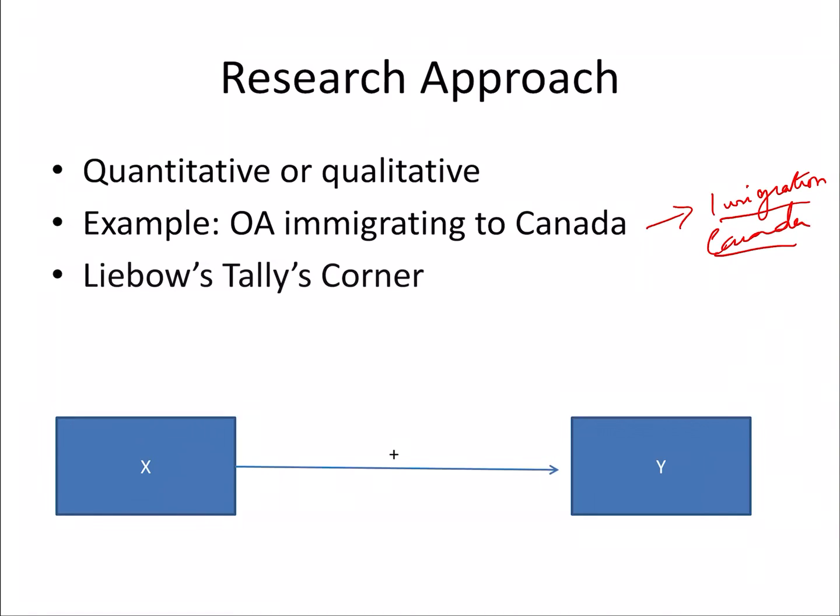This is an example which is perhaps in your textbook. I don't remember if it's in this edition or a previous edition. Liebow was a white person in the United States, and he wanted to study the impact of poverty on African Americans at the height of the civil rights movement.